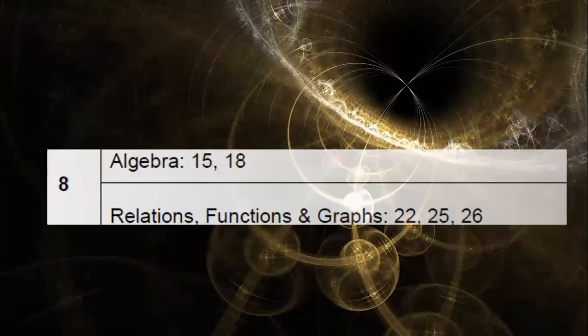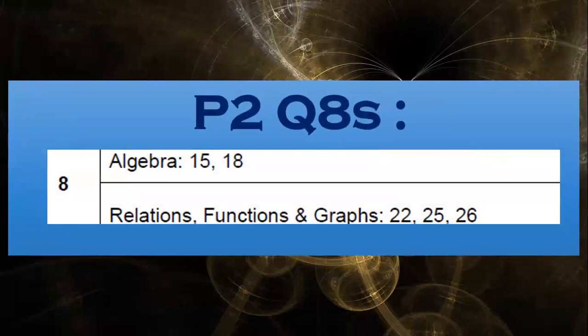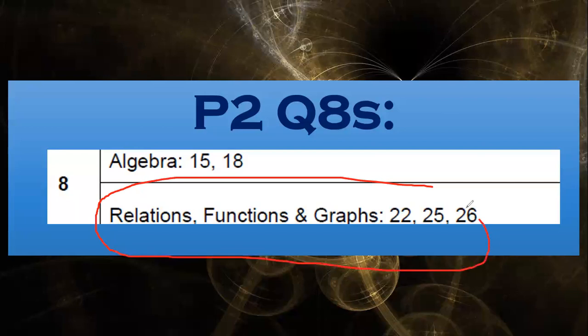Let's look at where these questions usually arise. Usually in question 8, under the heading of algebra, relations, functions, and graphs, but more appropriately, they'll be categorized in this subheading of the syllabus.